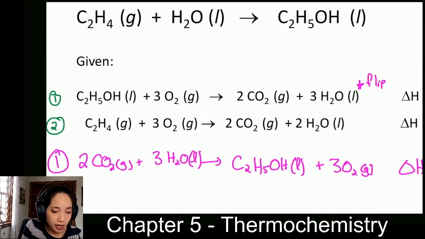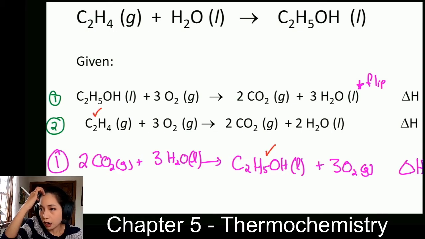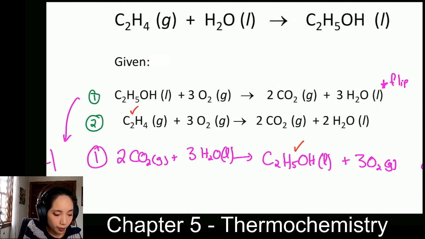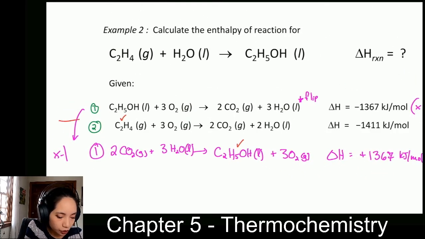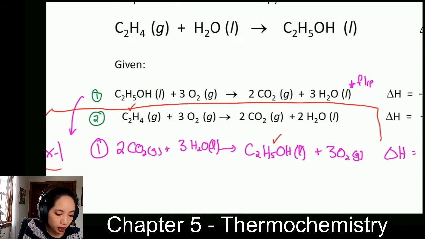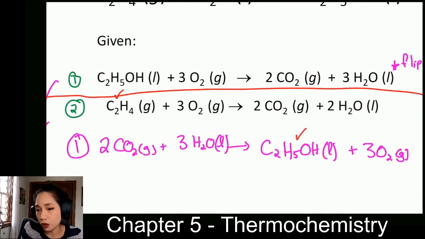Let's take inventory of everything and see if we can add up to the chemical equation that is our target. Ethylene, C2H4, is on the right side, and ethanol is on the right side. What about all this other stuff? I see that there are oxygens. I'm adding up these two reactions: the flipped version of step 1 and step 2 just as written.